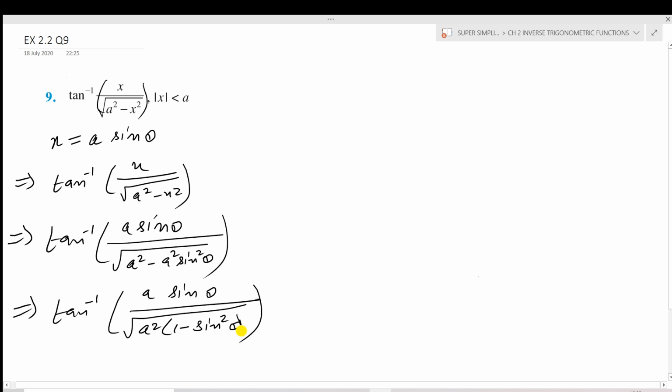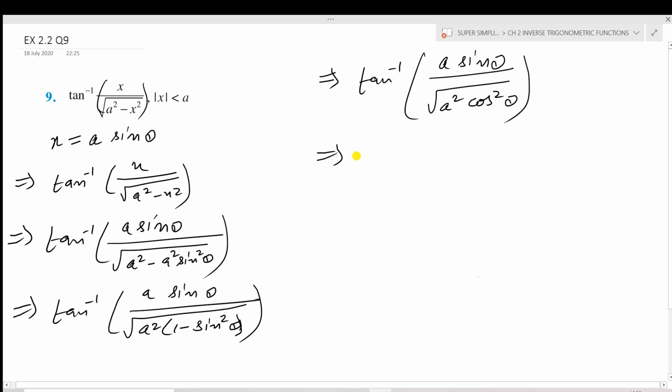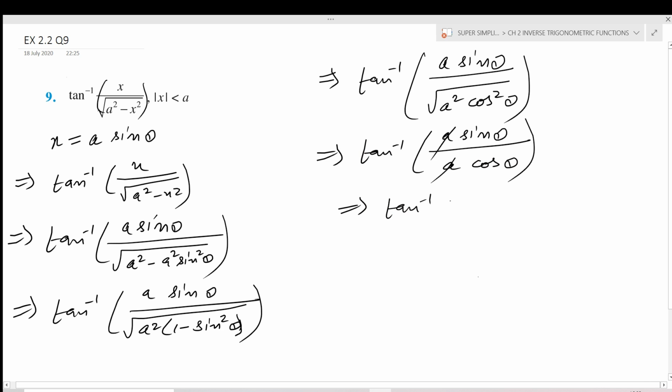So you will write cos square theta in place of 1 minus sin square theta. That means the given expression becomes tan inverse of a sin theta divided by square root of a square cos square theta, which gives you tan inverse of a sin theta divided by a cos theta. A cancels and you have got tan inverse tan theta, which is equal to theta.